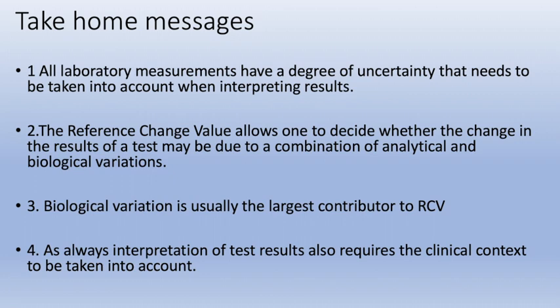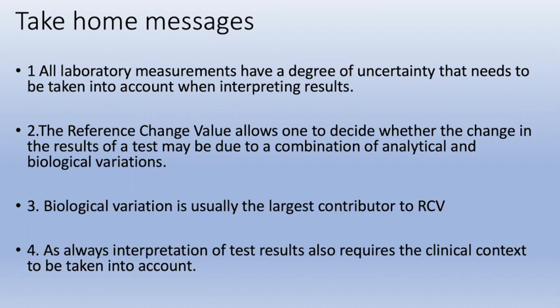The take-home messages are: number one, all laboratory measurements have a degree of uncertainty that needs to be taken into account when interpreting results. Number two, the reference change of value allows one to decide whether the change in the results of a test may be due to a combination of analytical and biological variations.